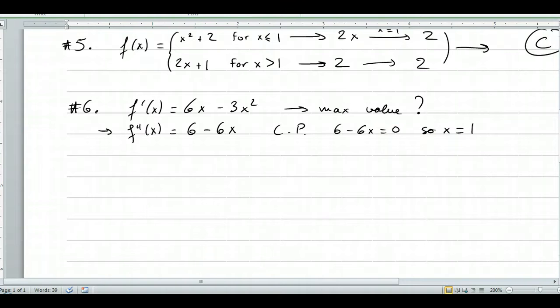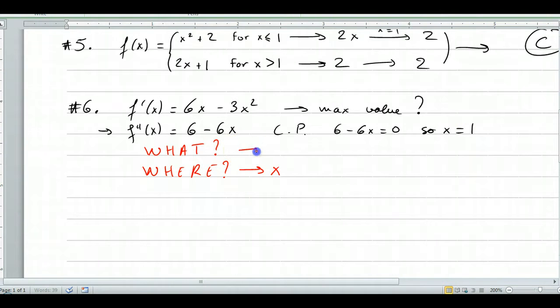The question says, what is the maximum, sorry. What is the max, not where? What's the difference between what and where? Well, if they ask you for the where, it's going to be 1.